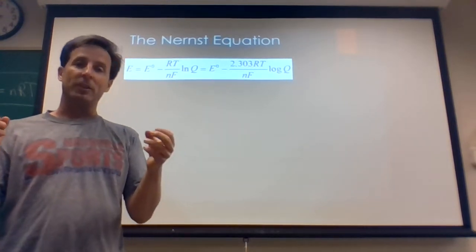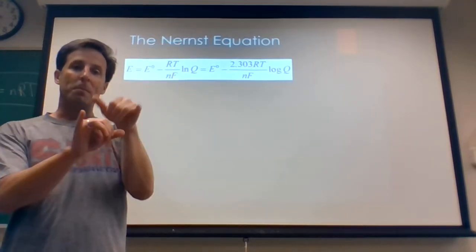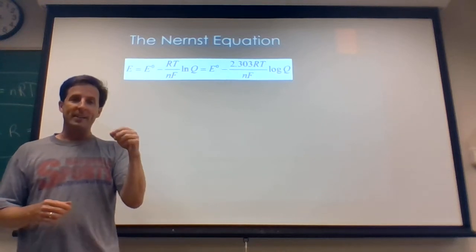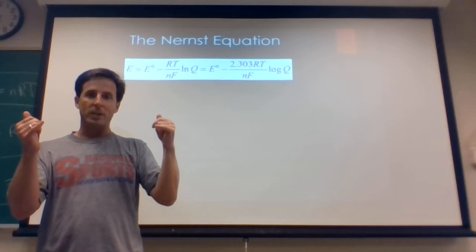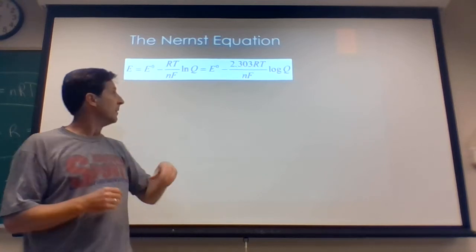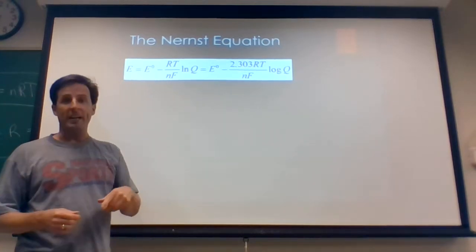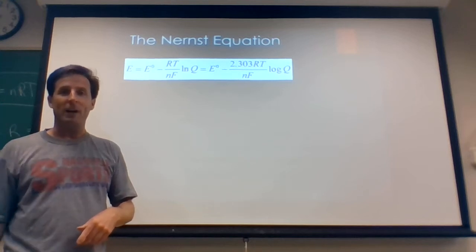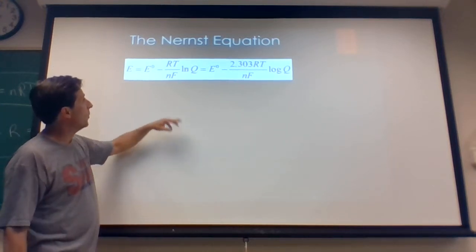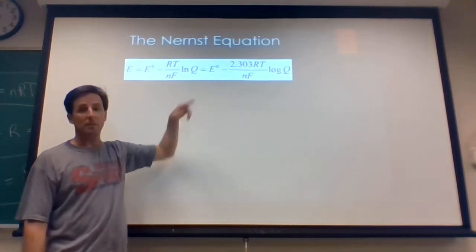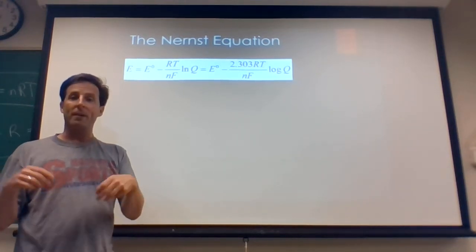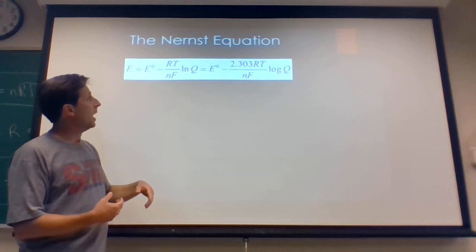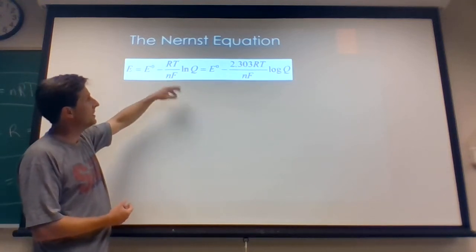When we have the two half reactions and combine them, the number of electrons being transferred from one element to another in the balanced equation, that's N. And F is the Faraday constant, like 96,500 something. And Q is my products over reactants using whatever concentrations are given. So I can plug all those in.